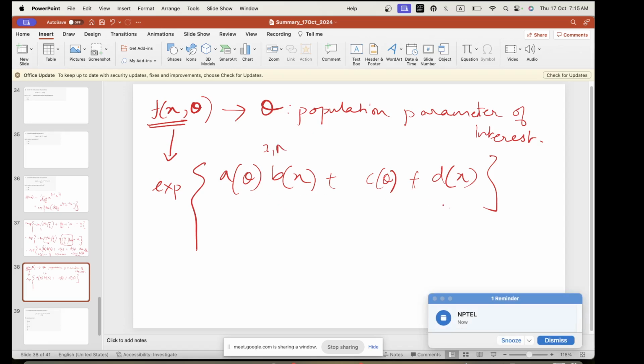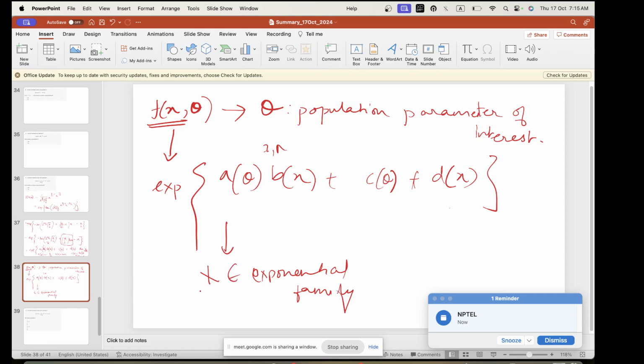That could also be there. But if you can write the distribution in this form, then we can say that x belongs to the exponential family of distributions.